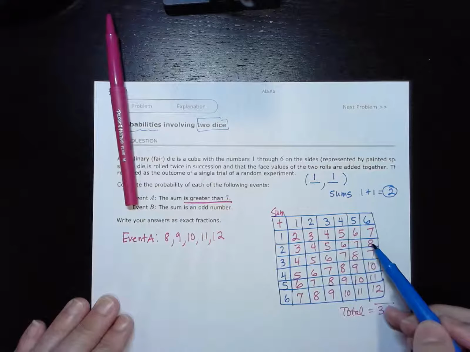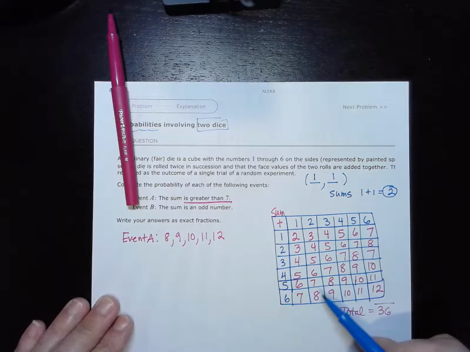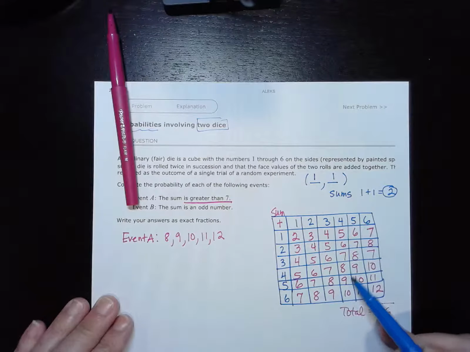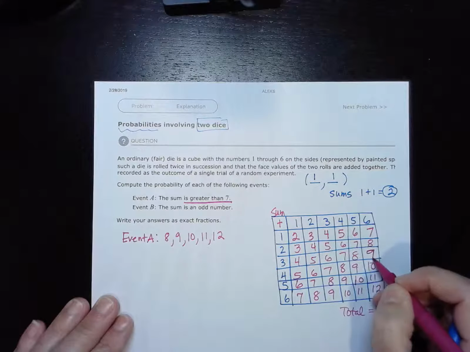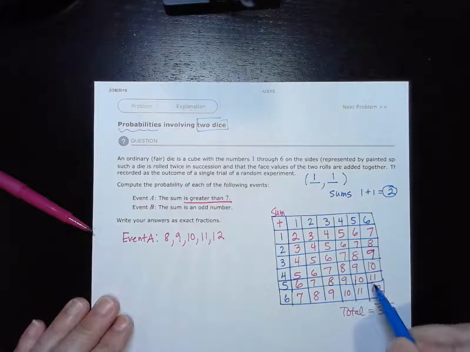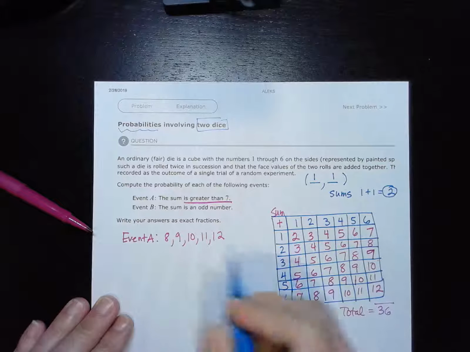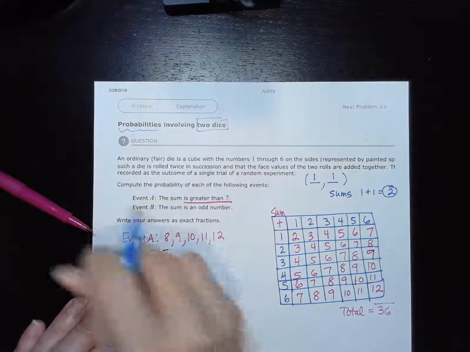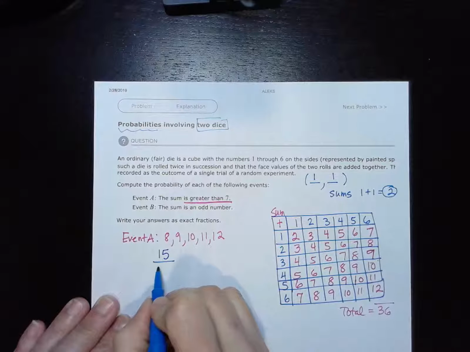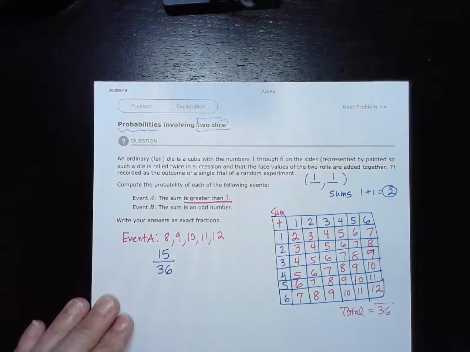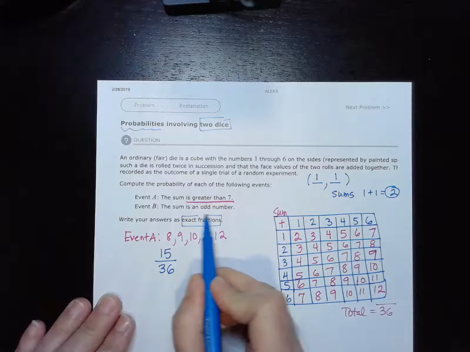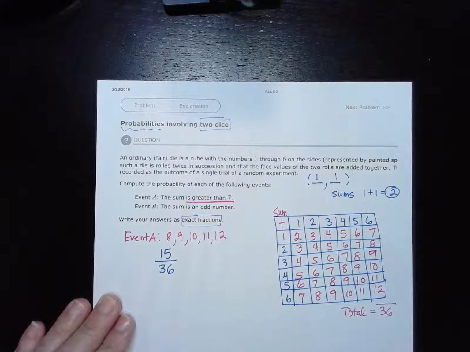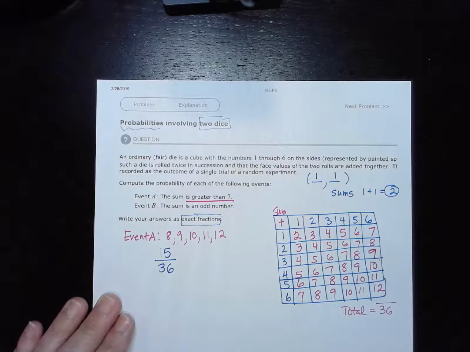So I count my 8s. 1, 2, 3, 4, 5, 6, 7, 8, 9, 10, 11, 12, 13, 14, 15. So I had 15 sums that were greater than 7 out of 36. Now, if you'll notice, it says write your answers as exact fractions, but typically we want to simplify.